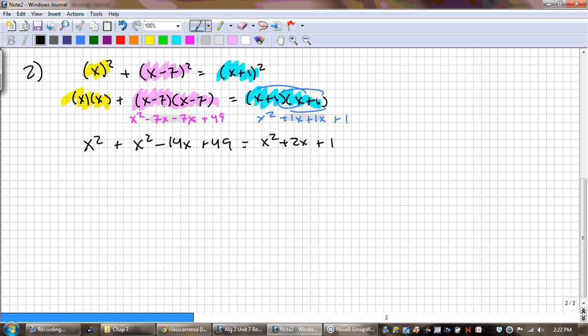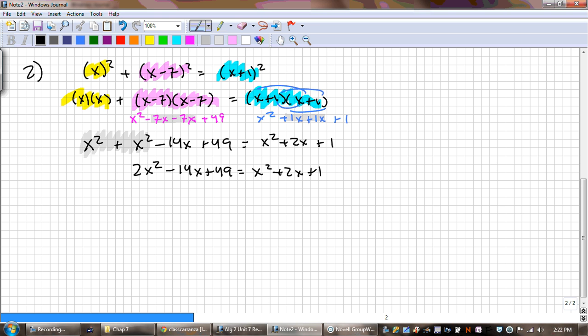Now, is there anything that's the same on the left side that we can combine? Hopefully you're saying, Mr. Grice, we got x squared terms. Okay, so that's 2x squared minus 14x plus 49 equals x squared plus 2x plus 1.